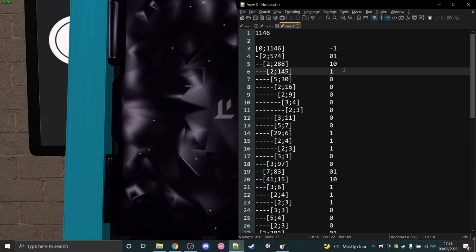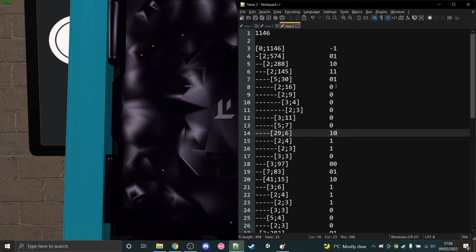Then we work from this node, find its children up to here, here, and here. 0 XOR 1 is 1, and 0 XOR 0 is 0. Then from here, find its children. 1 XOR 0 is 1, and 1 XOR 1 is 0.